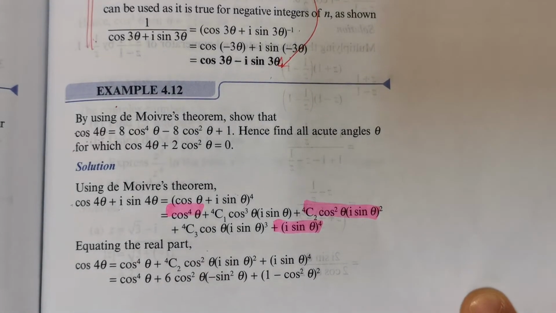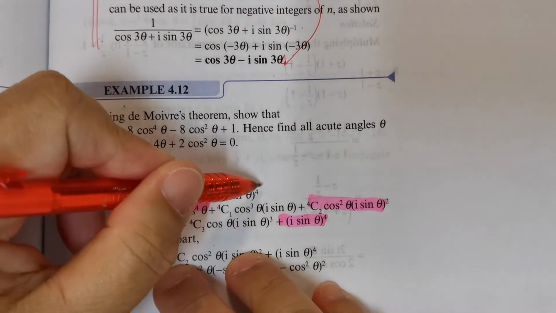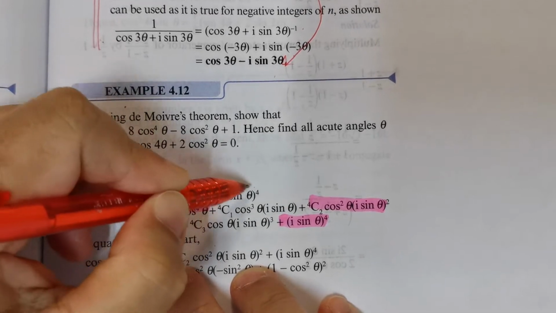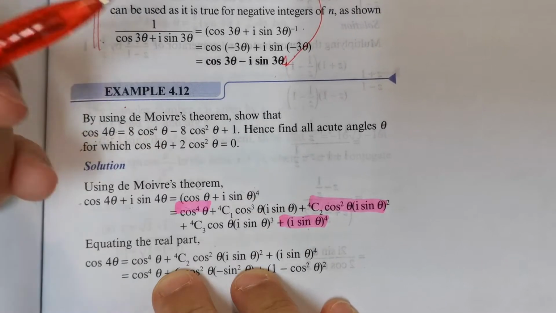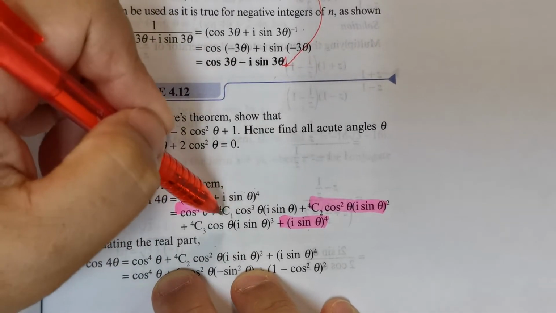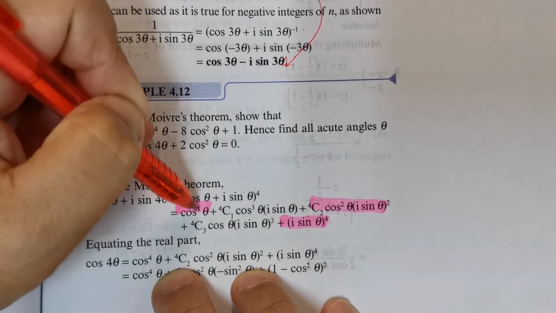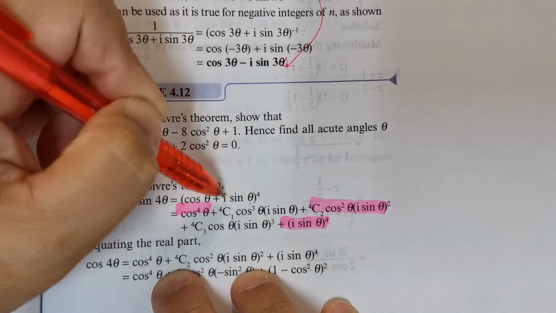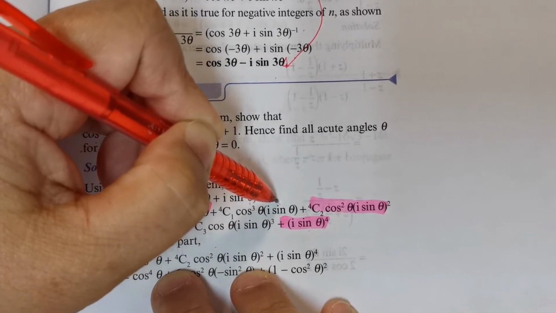Then we are using the binomial theorem to expand this to the power of 4. Remember, the first term is power 4, the last term is also power 4, i sin theta power 4. The second term is 4C1, then the first term's power decreases, becoming 3, and the second term's power increases.